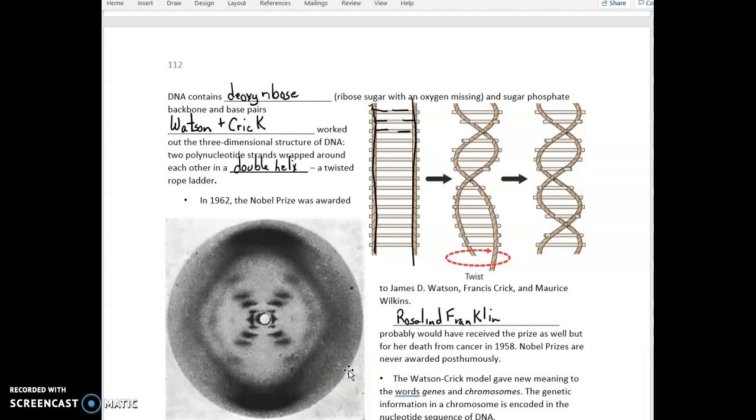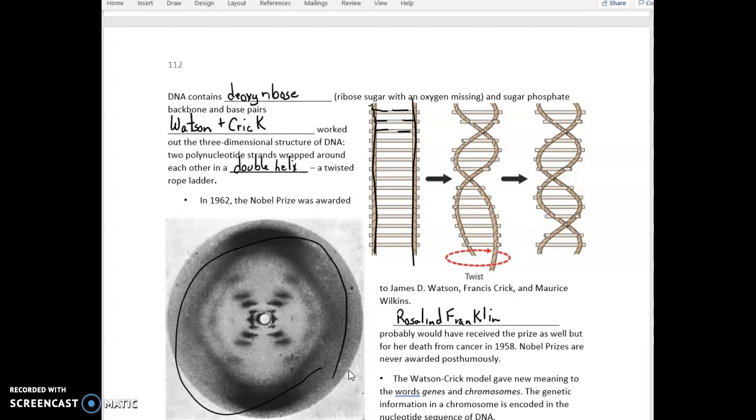And she was responsible for this picture here that looks kind of blurry and probably doesn't tell you or me a whole lot. But when Watson and Crick saw it, they immediately saw that the structure of DNA was going to be a double helix. And then they had to put it all together to figure out why.